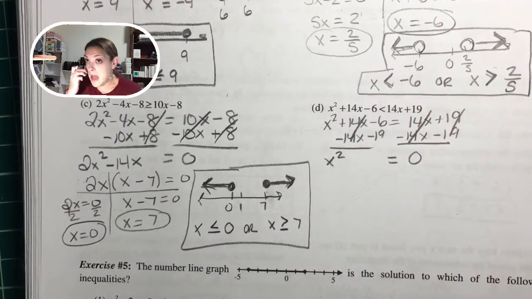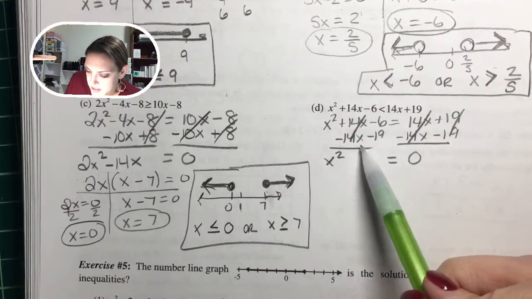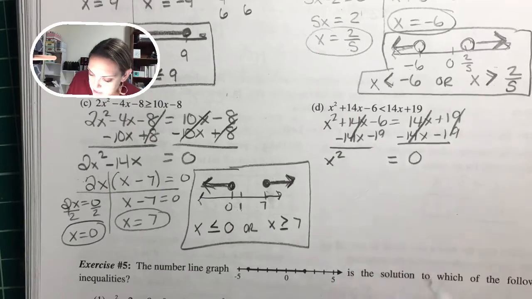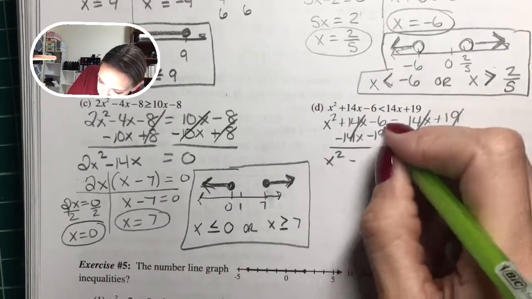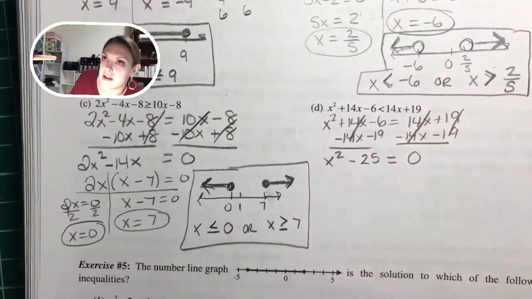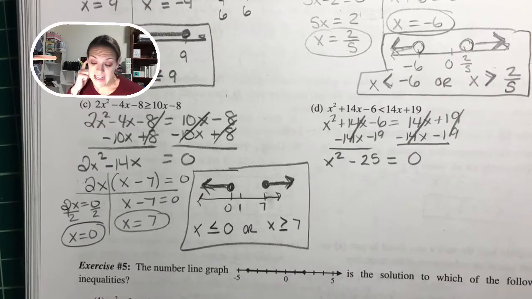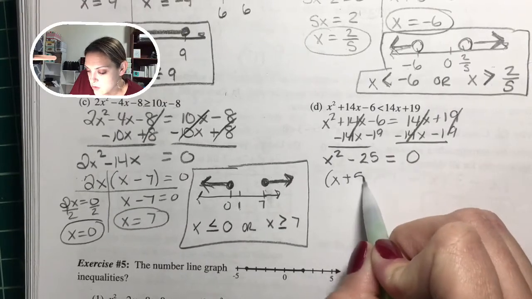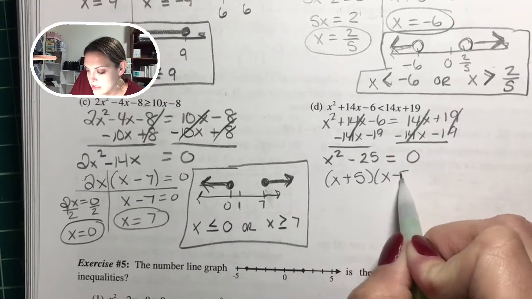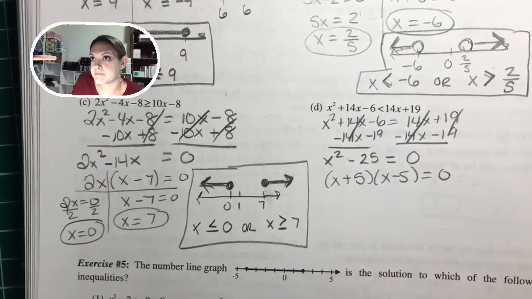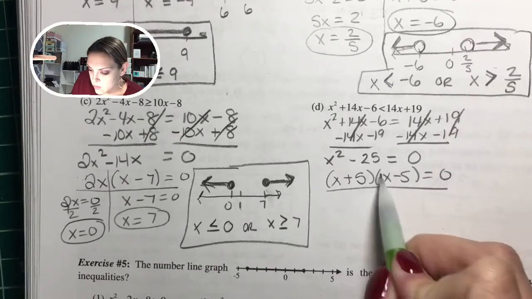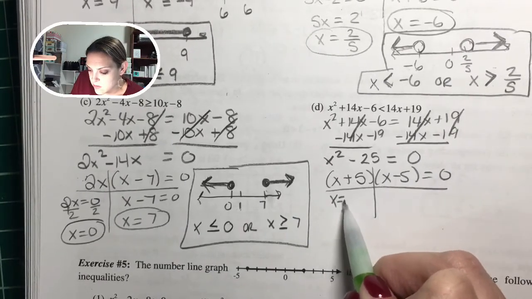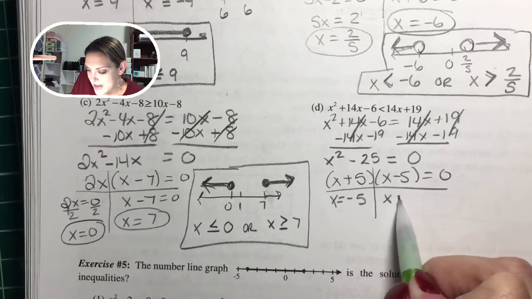What ends up happening in this case, which it doesn't always, like I mentioned, these end up canceling, and when I add those together, I get 2x squared minus 50. And again, I just have to think about the different types of factoring methods that we've gone through to factor it. This is the difference of two squares. This is dots, so it is a conjugate pair. We're going to solve. We get x to be equal to negative 5 and positive 5.